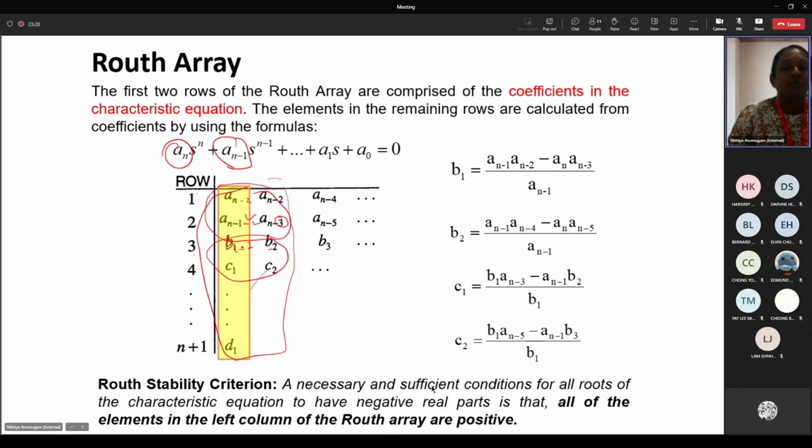Here it will be B1 and B2, C1 and C2, and so on, D1 and D2. Only these two will be calculated, using the coefficients from the formula, of course. So the root stability criterion is a necessary and sufficient condition for all roots of the characteristic equation to have negative real parts, similar to our general stability criterion: all elements in the left column of the root array are positive.